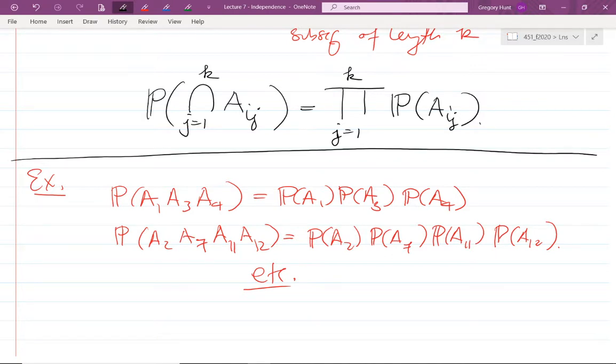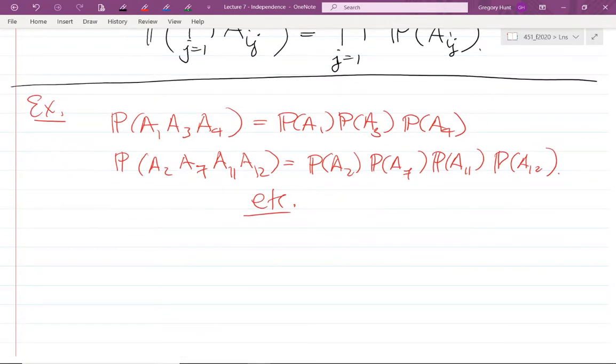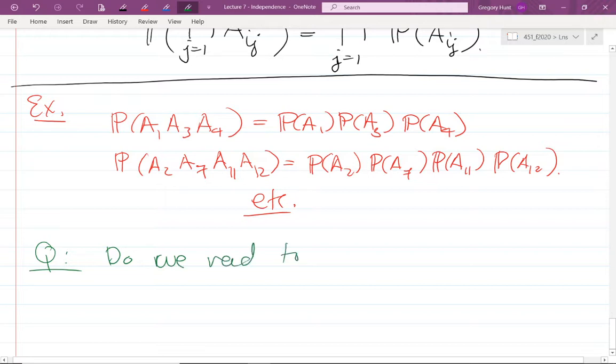So a natural question here is, there are a couple of natural questions. One natural question is: do we really need to check all subsequences generally?